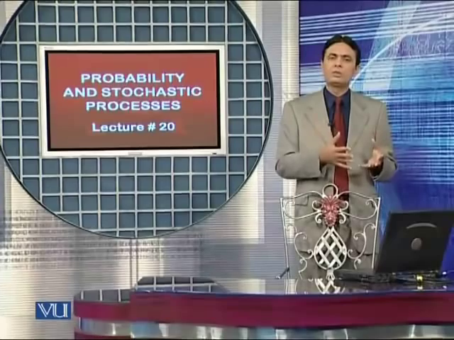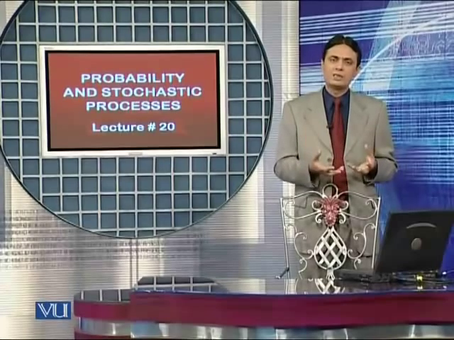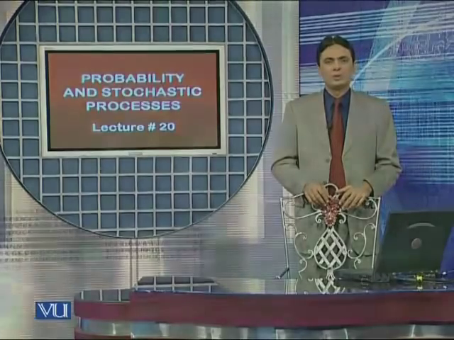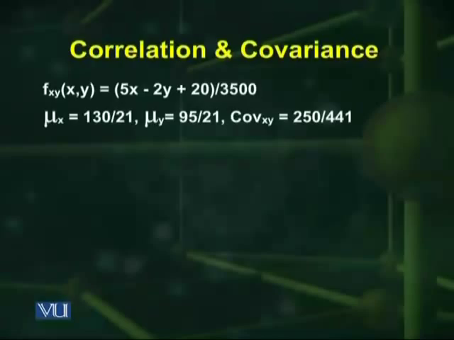We are going to use this strategy to analyze the next pair of random variables which are shown in your slide. This slide is for a pair of random variables x and y with a joint PDF which is given by (5x minus 2y plus 20) divided by 3500.